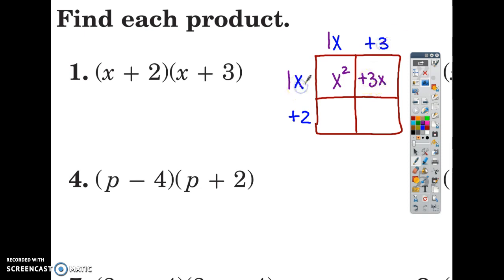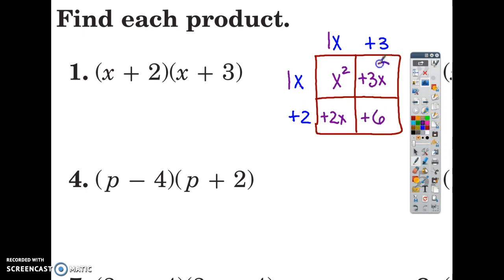How many x's do you see? 1x. 2 times x is a positive 2x. That's like saying 2 times 1 is 2. And count your x's, you have 1x. And then the last box is 2 times 3. That's a positive 6. How many x's do these have? 0, so you don't put an x here.